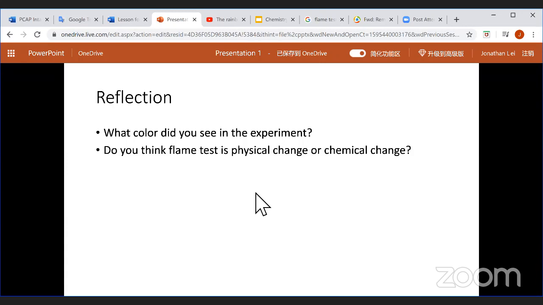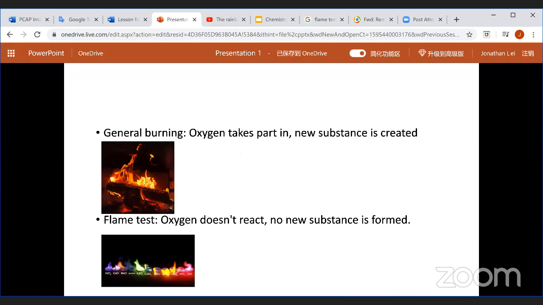Yeah, when I first made this question, I also thought it's chemical change, but let's explain why it's physical change. So there's some difference between general burning and a flame test. In general burning, oxygen takes part in, and a new substance is created, like water and carbon dioxide.